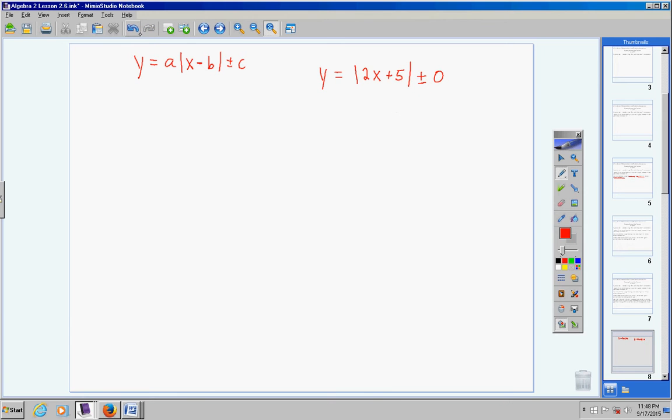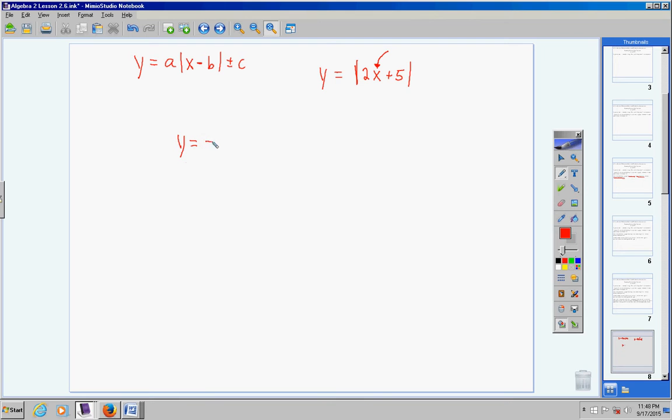Okay? So basically an absolute value equation is when you have your y, then an equal sign, and then you have an absolute value with what on the inside? X. There must be an X on the inside of the absolute value in order for it to be an absolute value equation. So here's another example.